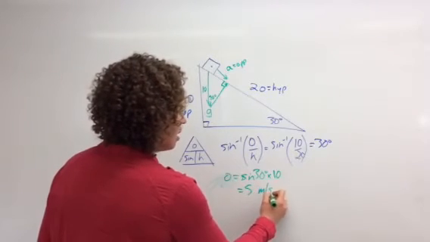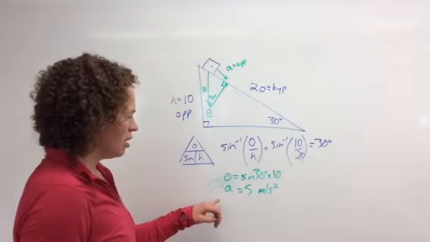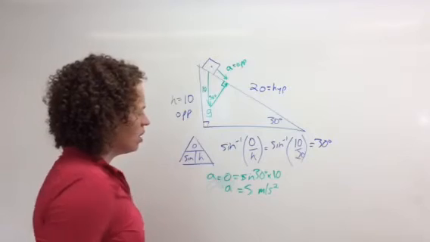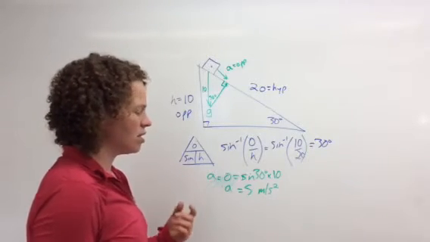And because this is our acceleration, it's just rounded off 5 meters per second squared because it's acceleration.